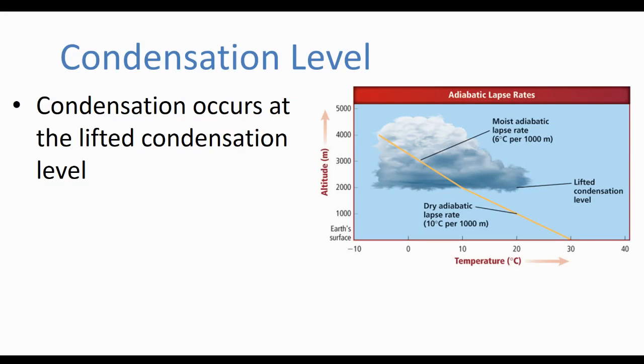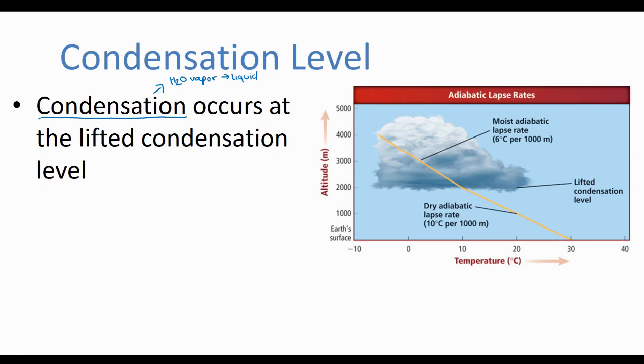Condensation is going to occur at something called the lifted condensation level. Once again, remember that when condensation occurs, we have water vapor going into liquid water, so it's no longer gas. We're going to see cloud formation.